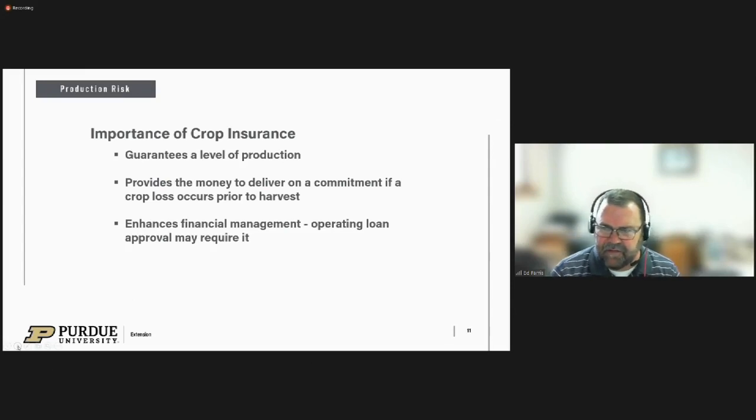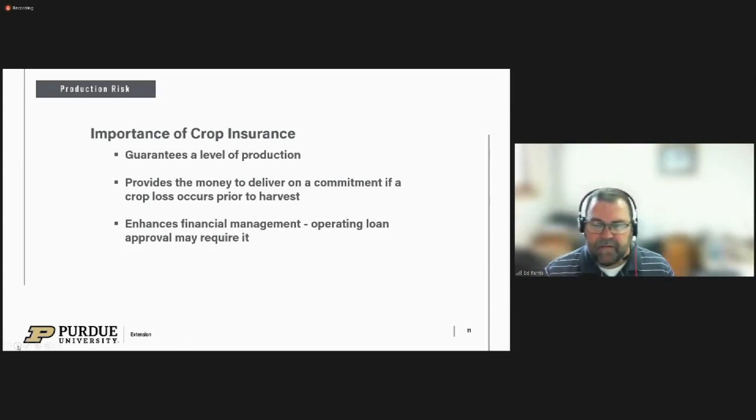So in more cases than not, what we're finding is that crop insurance, in today's world, especially with the way input prices are going up, the financial management side is very important for the risk associated with lenders that are working with producers.